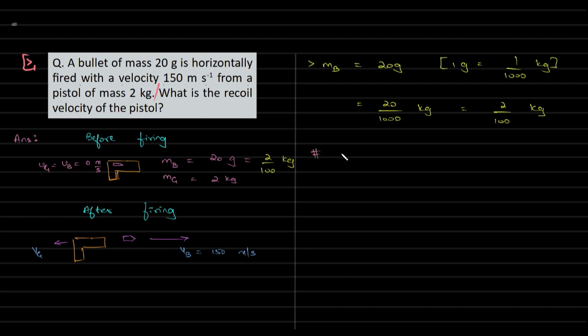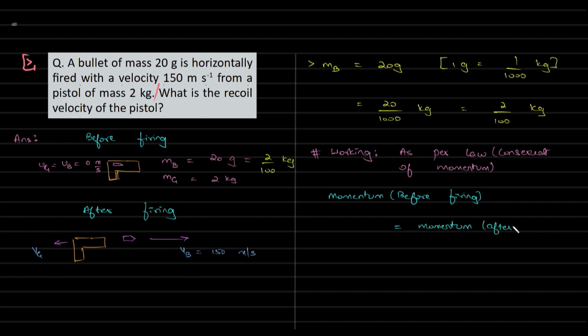Now we need to work out. This is your working. We need to state that as per the law of conservation of momentum, the momentum of the system before firing is equal to the momentum after firing.